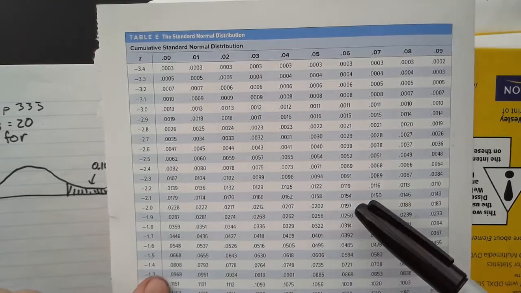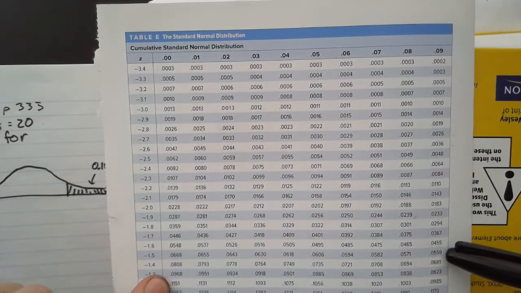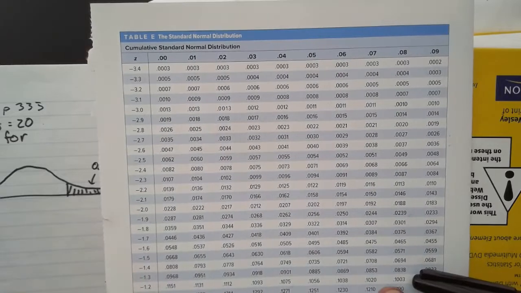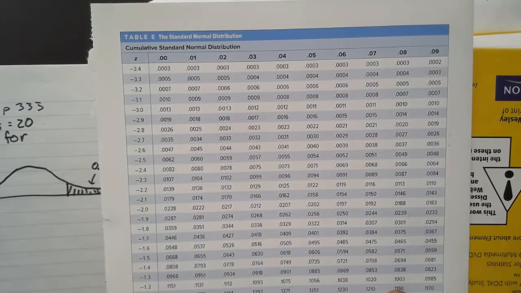Okay, so let's see. I see 0.968, I see 0.1003, and I see 0.0985.